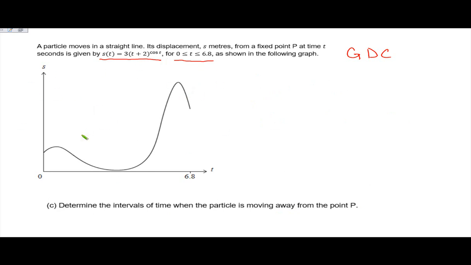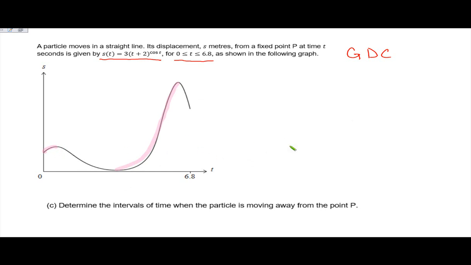So moving away from point P would be from here to here. When it's going down, it's getting closer to P, when it's decreasing. When it's going up again, from here to here, when it's increasing, it's going away from P. When it's decreasing, it's going towards P.